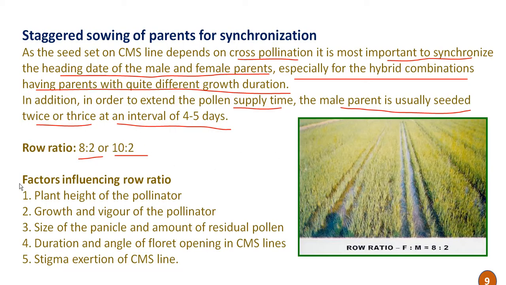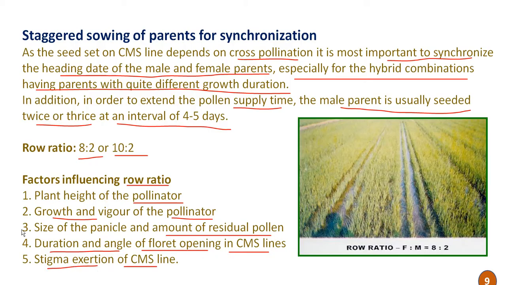Then what are the factors influencing the row ratio? The plant height of the pollinator, growth and vigor of the pollinator, that is the male plant, then size of the panicle and amount of residual pollen, then duration and angle of floret opening in the cytoplasmic male sterile line, and stigma exertion of CMS lines.